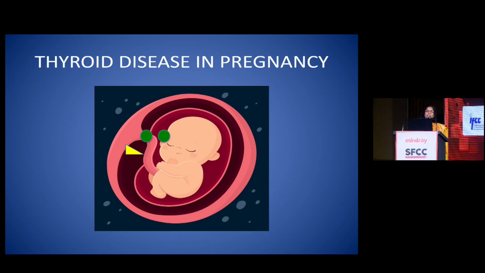Because of this, the TSH is suppressed in the first trimester, and we should aim only for 2.5 micro international units per ml, that is a TSH value. So this is the HCG.